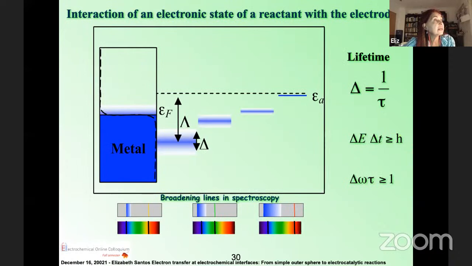But if there are interactions with the metal, there is a broadening of this level. This is similar to what we said about broadening of lines in spectroscopy, and it has to do with the lifetime, how long the electron stays in one state or the other. These are the chemisorption functions that we will come back to later.